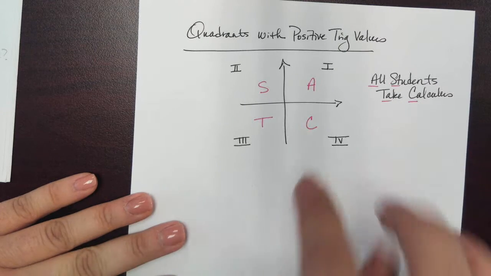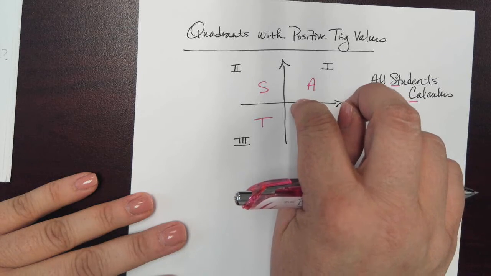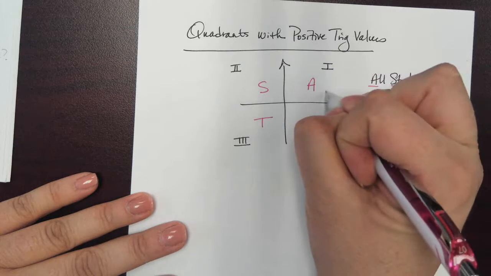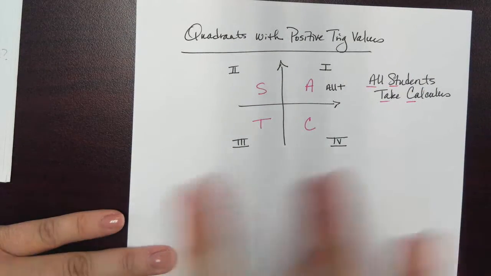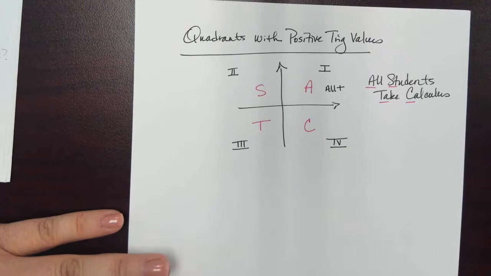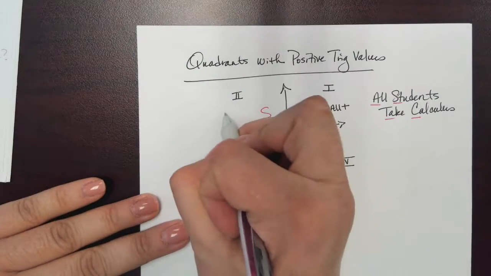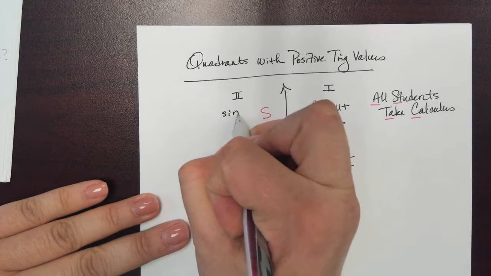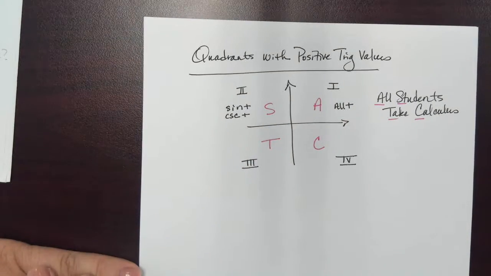The A means all trig functions are positive. So I can put all positive. The S means sine is positive. But if sine is positive, what other trig function is positive? Cosecant. So sine is positive and cosecant is positive.